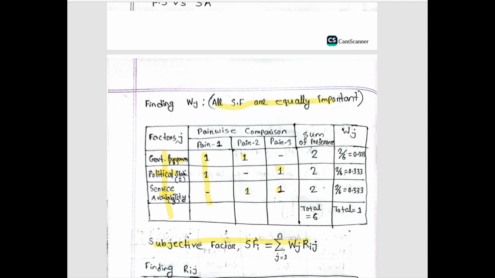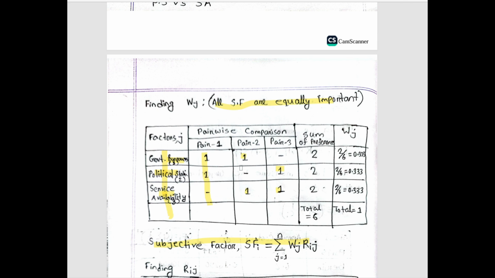For the first pair, service availability would be not involved, GB versus PS. Since government bureaucracy has the highest influence, we would give the value 1, and political stability is lower than government bureaucracy, so we would denote it as a 0.